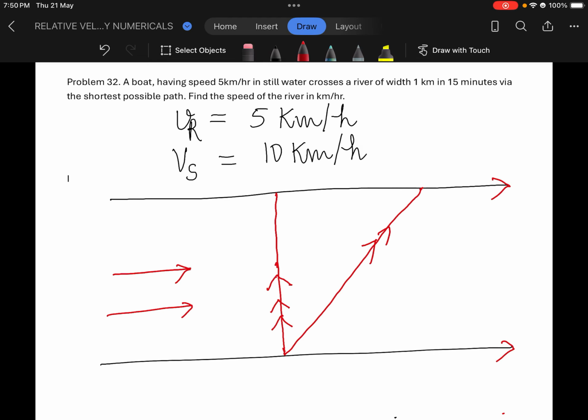Means instead of going through this direction, due to the influence of the river current, he will be pushed in this direction, and now he will move in this direction. So he has to travel in this direction. So how can he travel in this direction? You can see here.